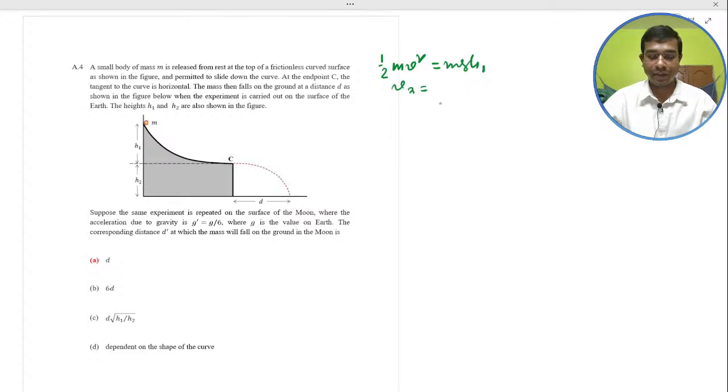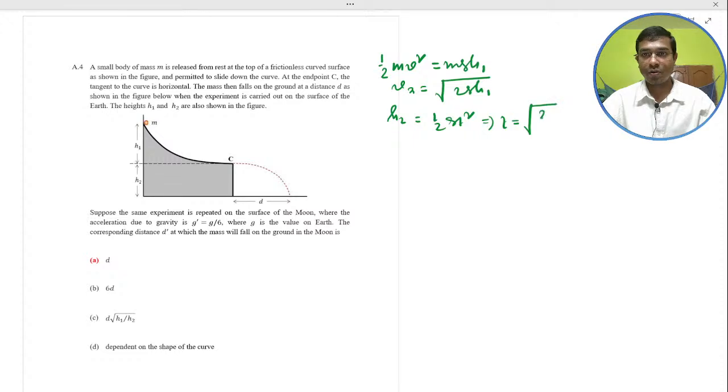So Vx would become square root of 2g h1, and for h2, that is half gt square. This is nothing but t equal to square root of 2 h2 by g.